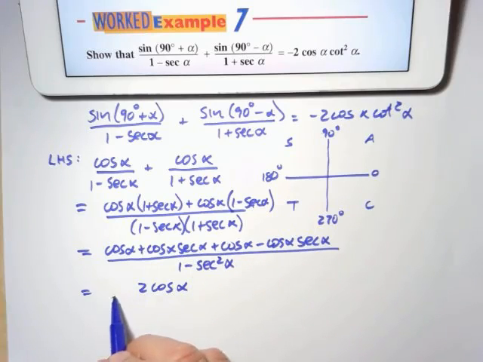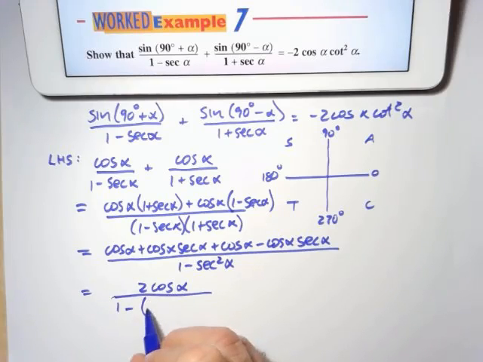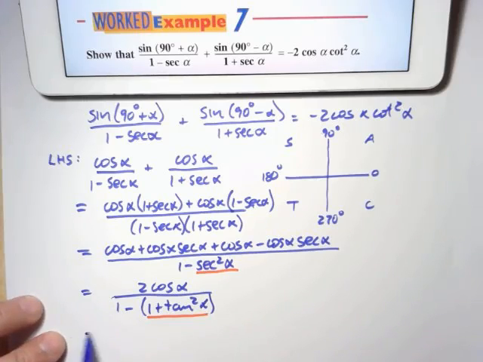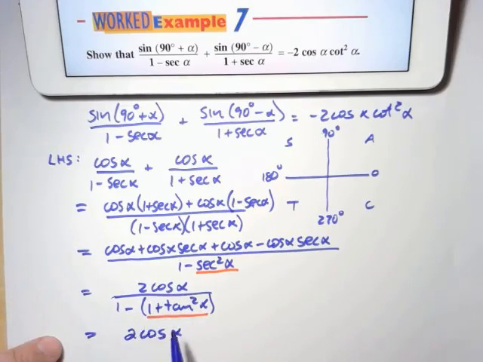Okay, so I can say that this is 1 over 1 minus, and sec square alpha is 1 plus tan square of alpha. And then if I simplify that, I will get 2 cos alpha. 1 minus 1 is 0. Plus, and I'm left with tan square theta underneath the line.